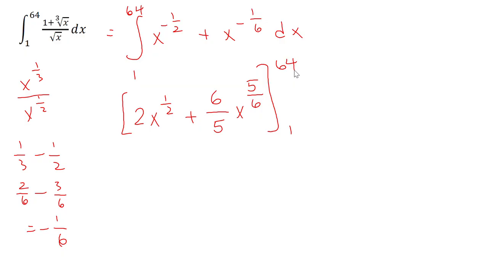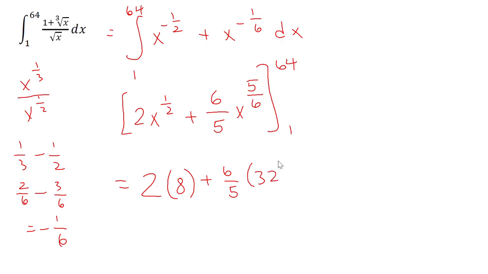And so as we do that, we have 2 times the 64 to the 1/2. Well, that's the square root of 64, which is 8. And then plus 6/5 of x to the 5/6. Well, the sixth root of 64 is 2. And then if we do 2 to the 5th, that's 32.